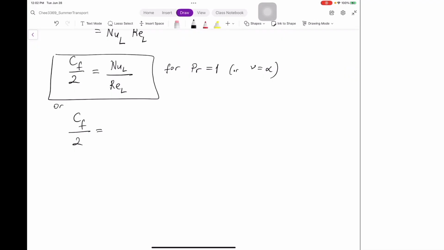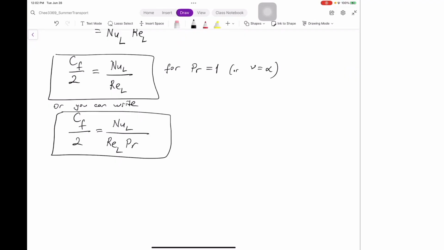Or you can write Nusselt number L divided by Reynolds number, Prandtl number. Since it's 1, I can just put it in the denominator if I like.